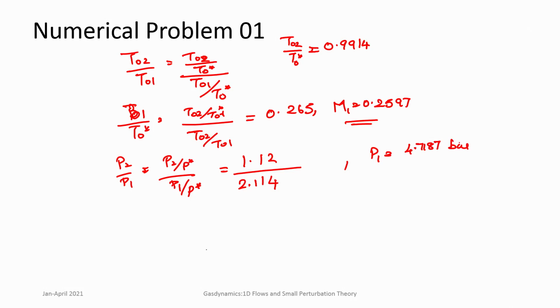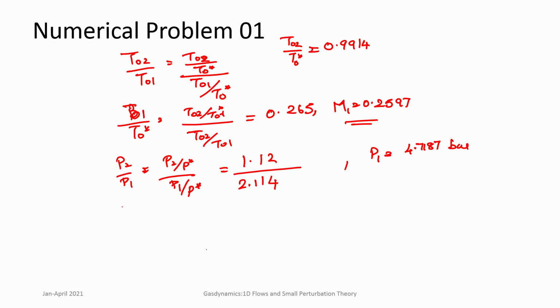You see that P1 is higher than P2, which is to be expected in a subsonic flow. It is Mach 0.9, a subsonic flow, and therefore P1 is greater than P2.